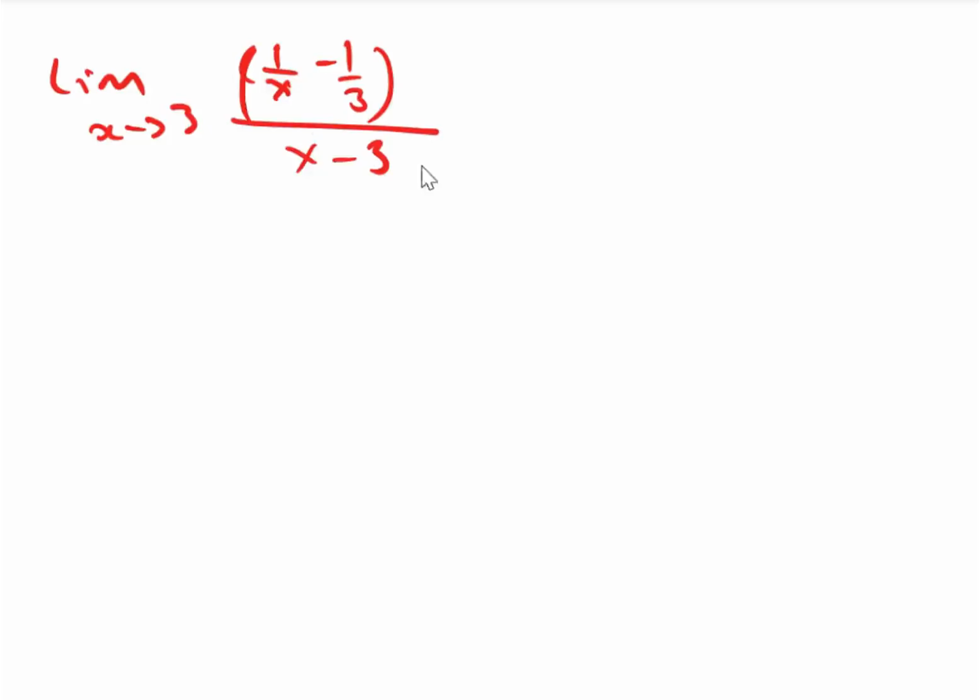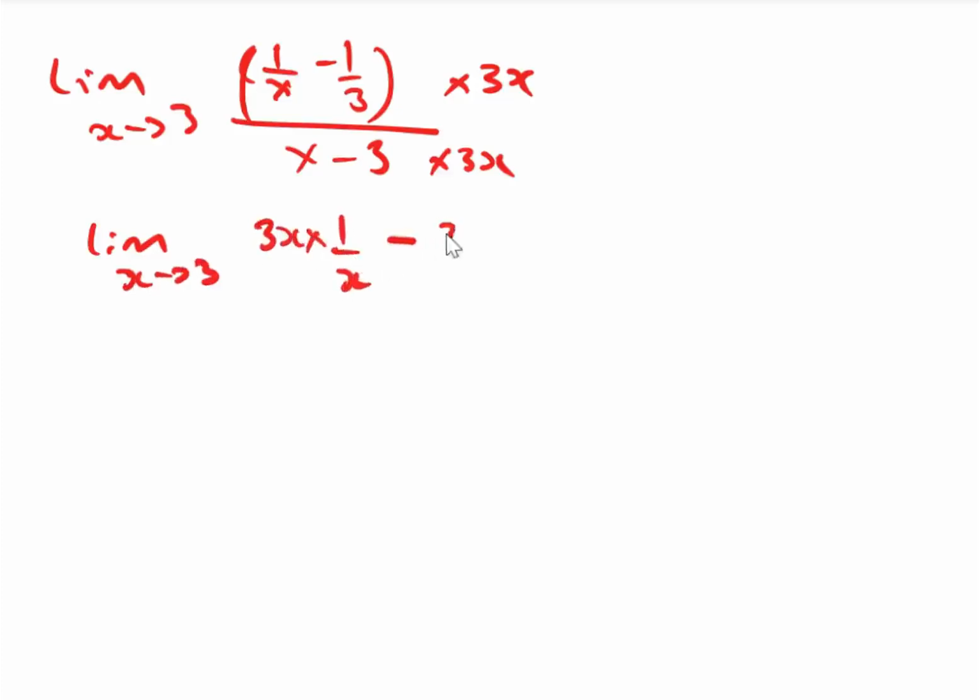We can multiply both the numerator and denominator by 3x. Then we have the limit as x tends to 3 equal to 3x multiplied by 1 over x minus 3x multiplied by 1 over 3, divided by 3x into x minus 3.